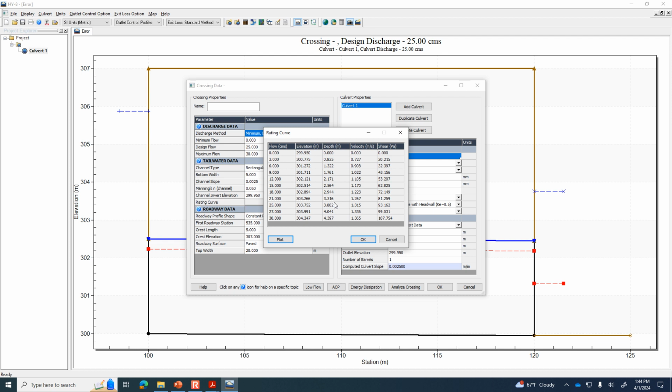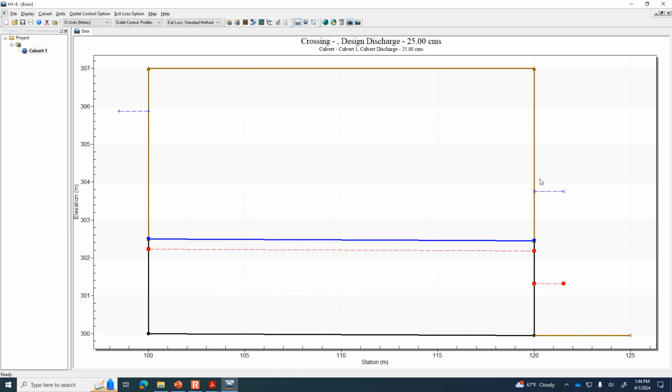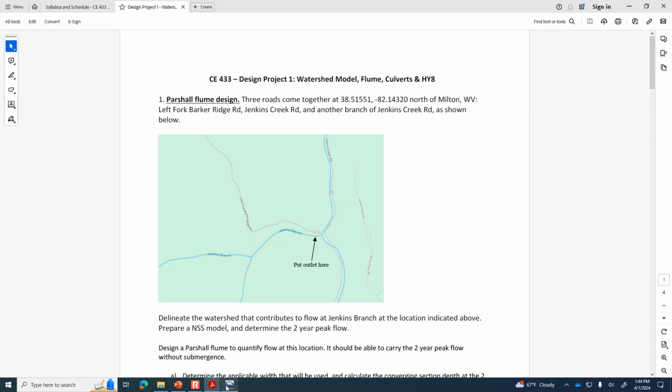If the culvert is 2.5 meters in diameter, then that's showing us it's fully submerged at the outlet, and here we get that visual clue. This is the water level relative to the culvert location: water level upstream, water level downstream. You can see that this is at a slope. So any questions about this first example with HY8?